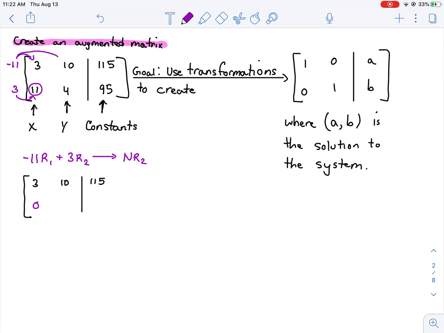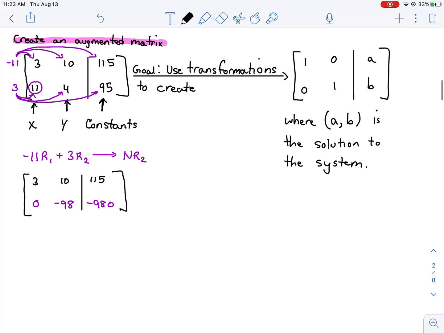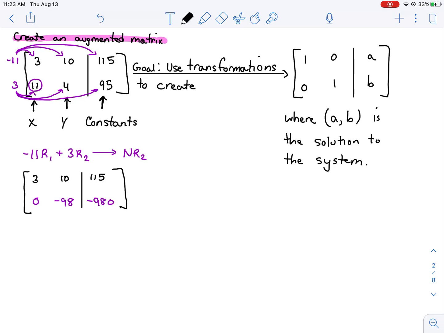Negative 11 times 10 plus 3 times 4 is negative 98. Negative 11 times 115 plus 3 times 95 will be negative 980.